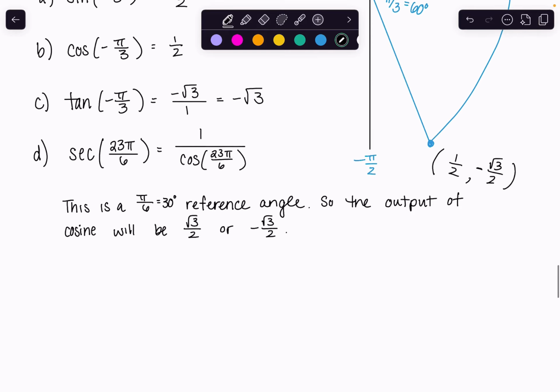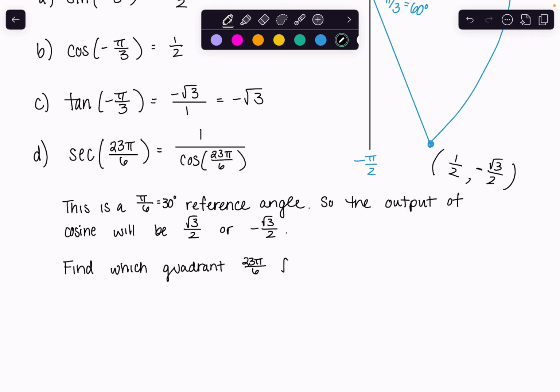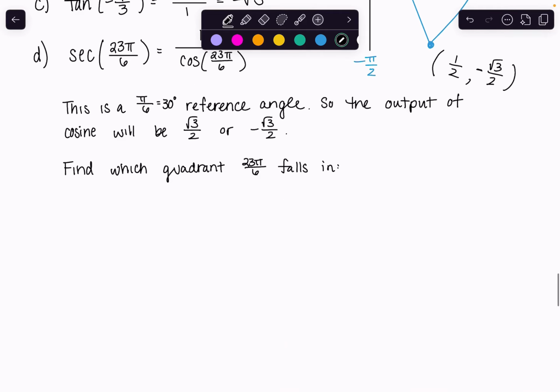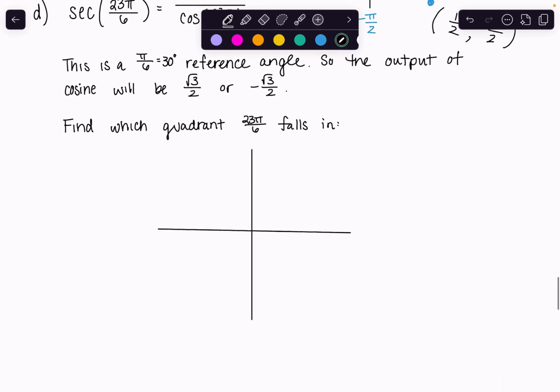So we have to figure out, where does 23 pi over 6 fall? Okay. So I'm gonna go ahead and I'm gonna draw my full XY axes. I'm gonna need a little more space there at the top, so I do want to move this down.